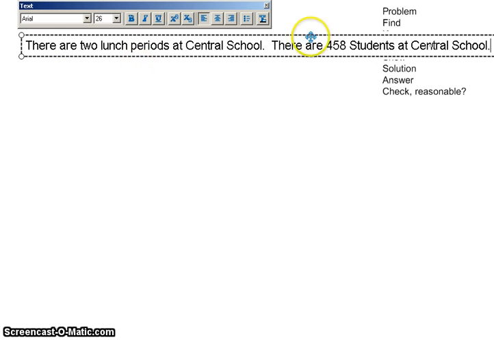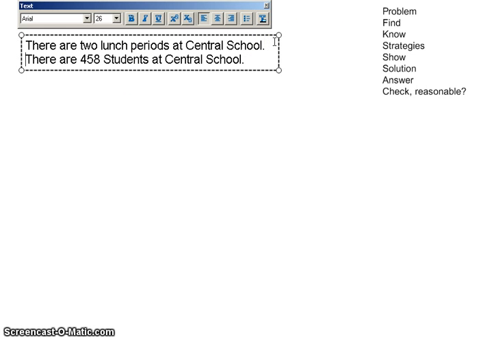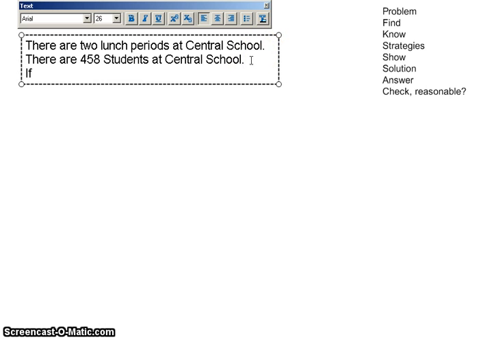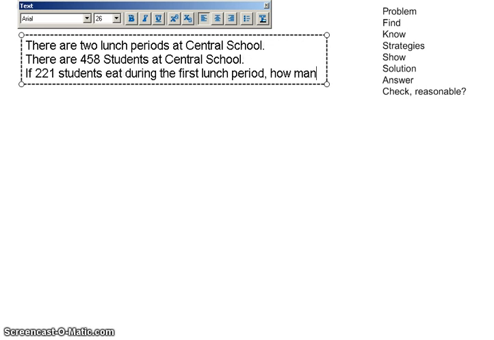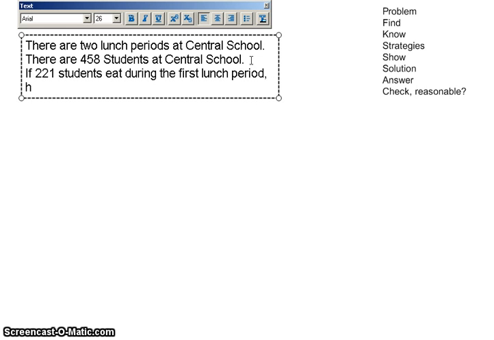I'm going to put this on the second line here. There we go. If 221 students eat during the first lunch period, how many students eat during the second lunch period?